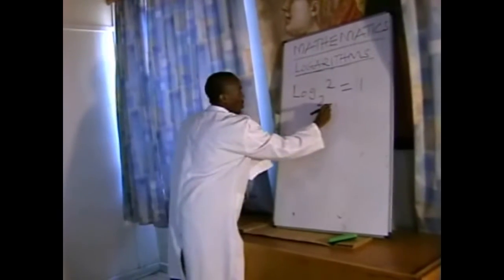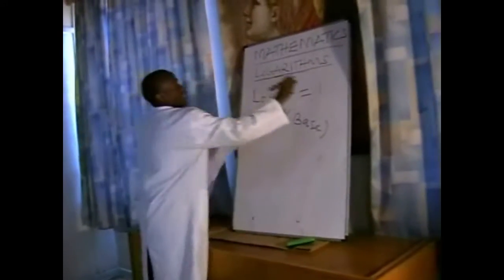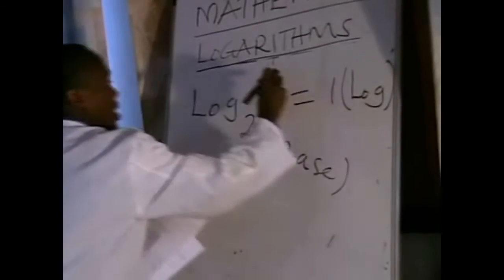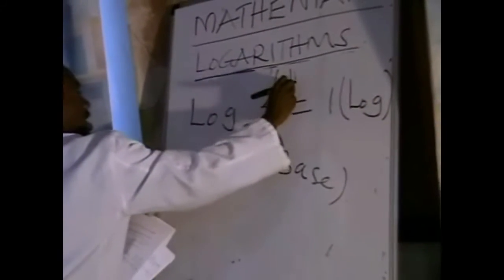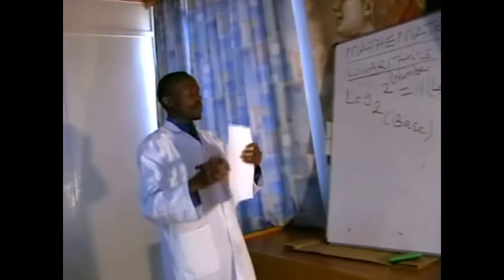So this 2 is called the base. This one here is the log. And this 2 is the number, okay? That's very important for you to remember.